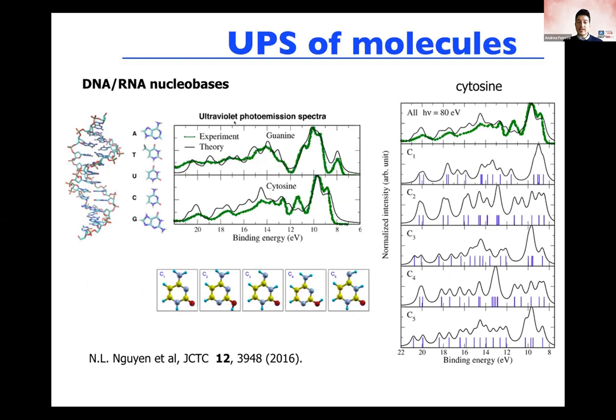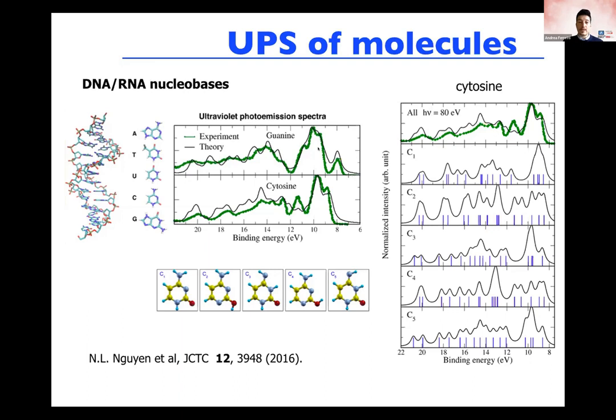spectra. Here is another example applied to DNA, RNA, nucleobases, also including some sampling of the structural conformations of the molecules. Some of these have a finite probability of being found in different configurations. So we take an average over the different configurations and compute the spectra.